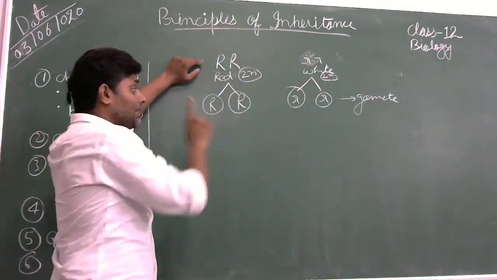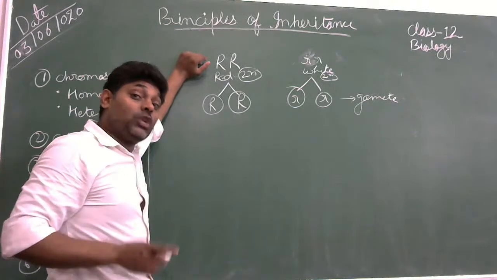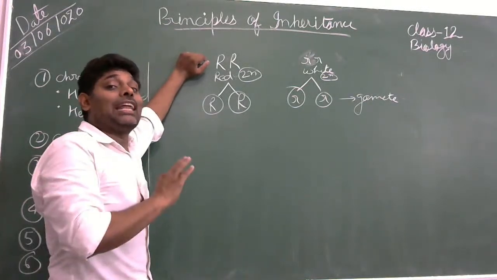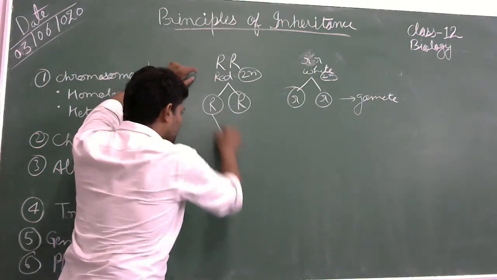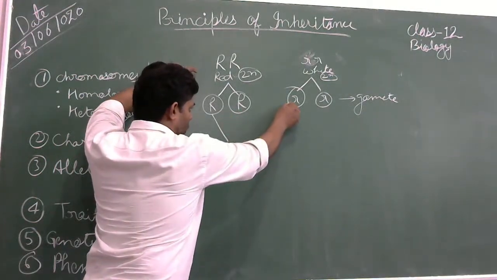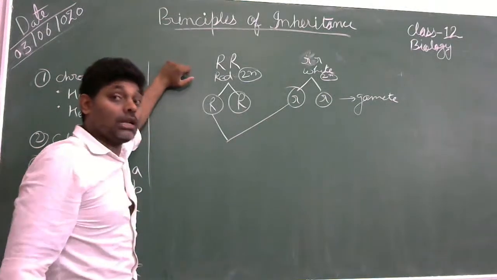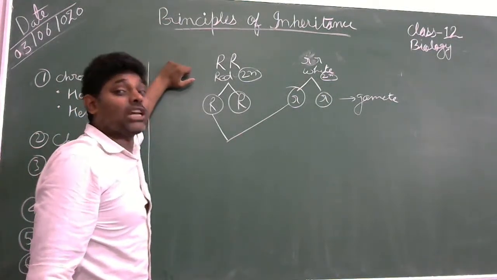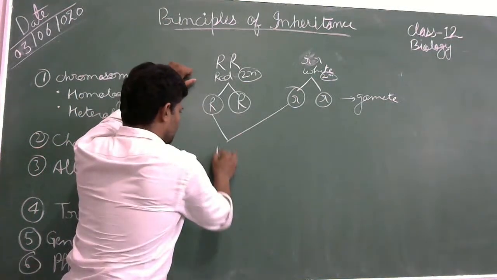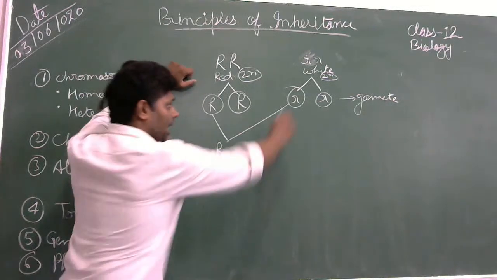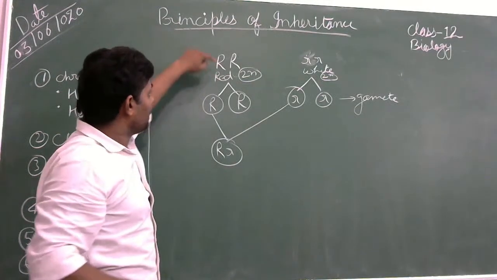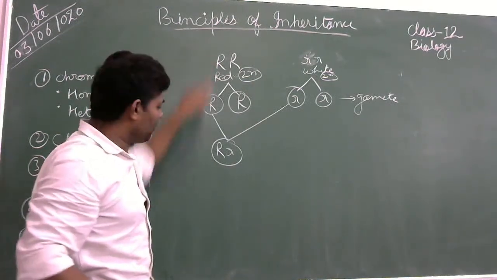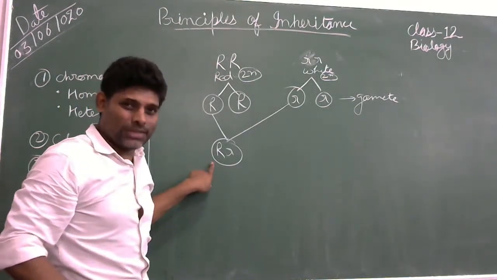Now, all the gametes are free to cross with each and every partner. Suppose this gamete will cross with that gamete. Then what will be the genotype of the progeny? It has the capital R and the small r. Parents were homozygous, but we are getting heterozygous.